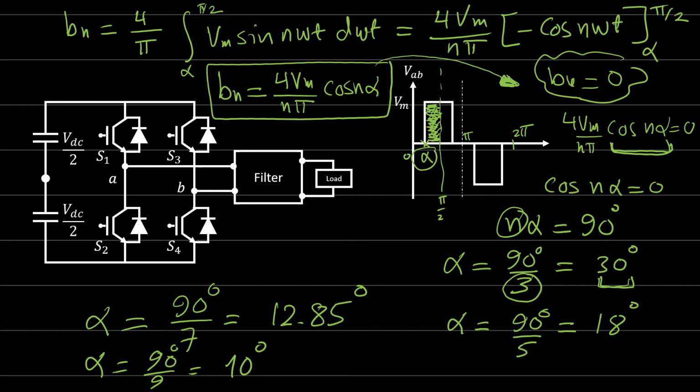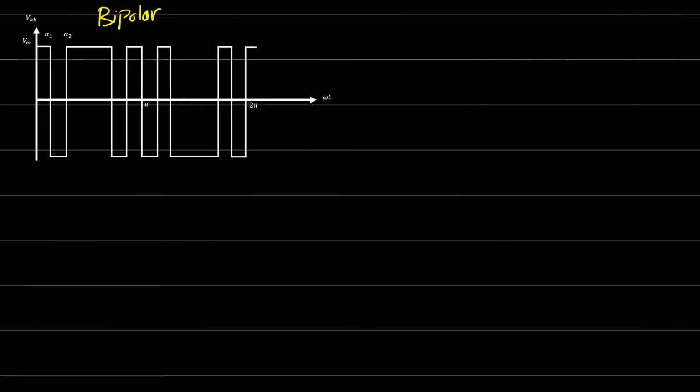The other method is what we call bipolar modulation. This is a bipolar waveform, or a waveform that comes from a bipolar modulation technique, because we jump from minus V maximum to V maximum. In this method, we can simply eliminate the harmonics by selecting the values of alpha here.